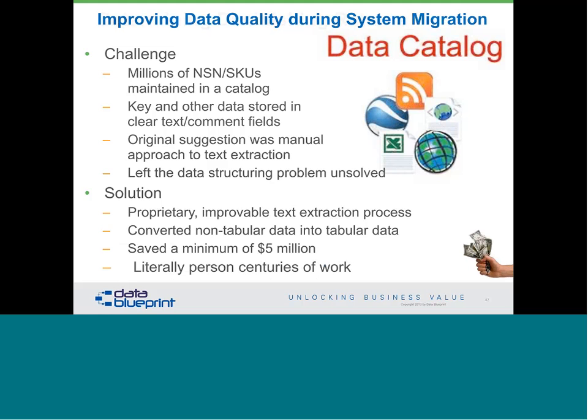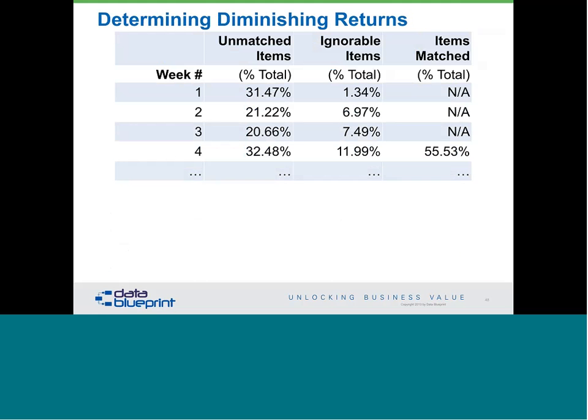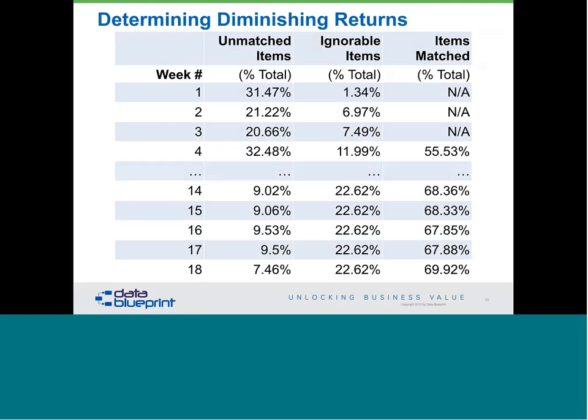Again, our text analytics process here, these were the numbers that we put up in order to look at this. So what you're looking at as we go down through this spreadsheet is that in week 1, we sucked. We didn't match anything. And by the way, that's a very good reason why you need to manage the expectations around this particular process. But by the time we'd gotten to week 4, we had actually been able to match 55% of the items.